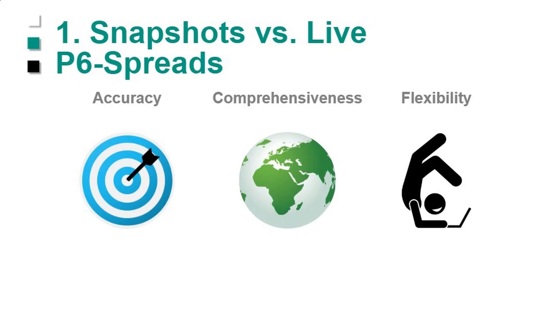The key with a snapshot is we've got the table structures in a way that the data is comprehensive. You're not missing anything. And we've done it in such a way that we make it easier to work with. It's called denormalizing, which makes it more flexible.